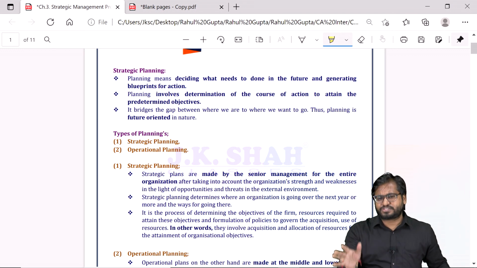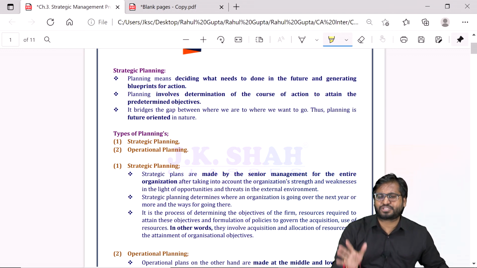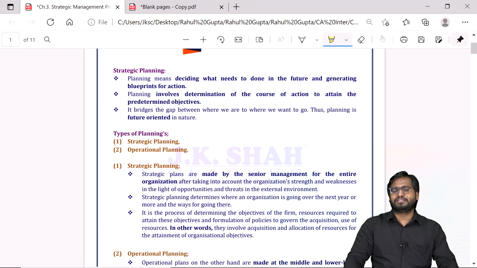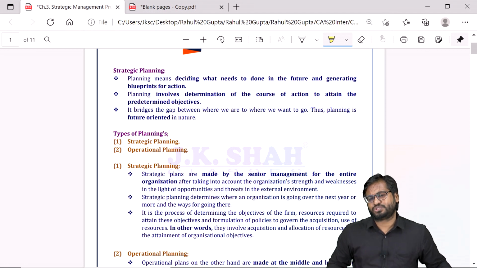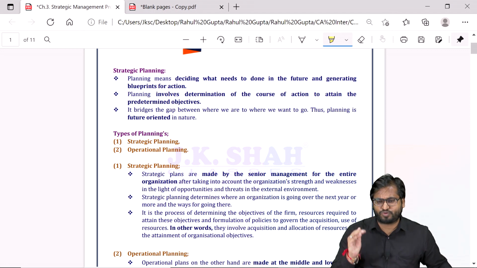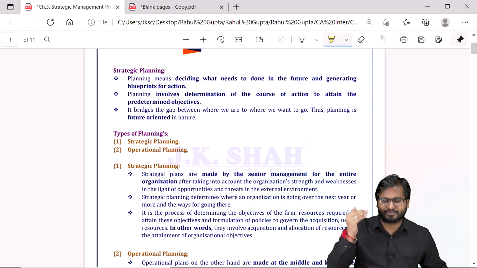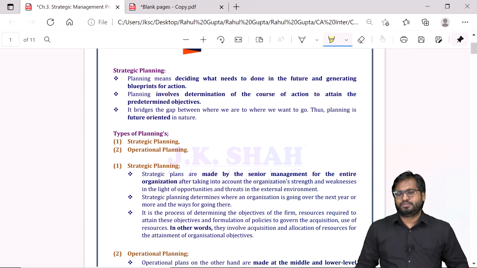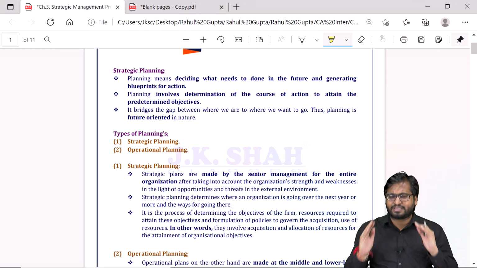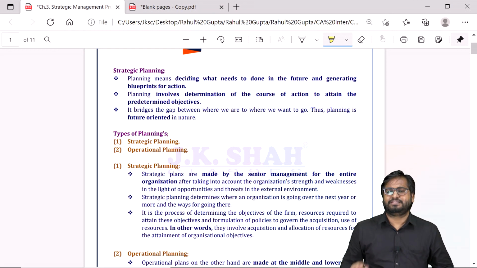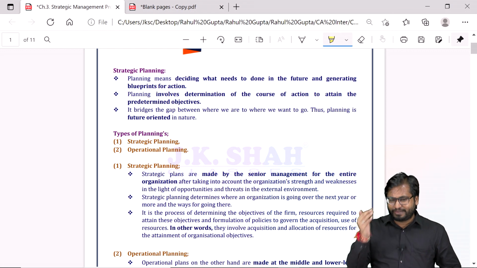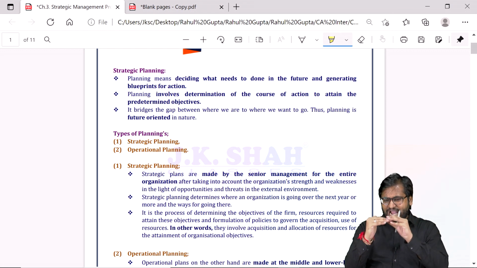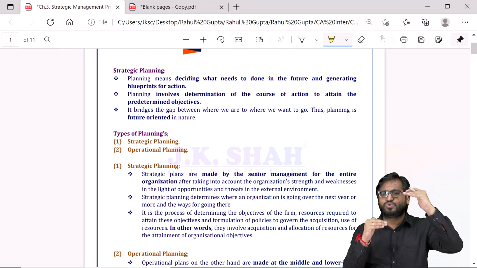So, it involves determination of the course of action to attain the objectives of the organization. If we want to be the market leader, if we want to develop a certain market position, don't you think this will require planning? Yes, this will require planning. So, it bridges the gap between where we are and where we want to go.